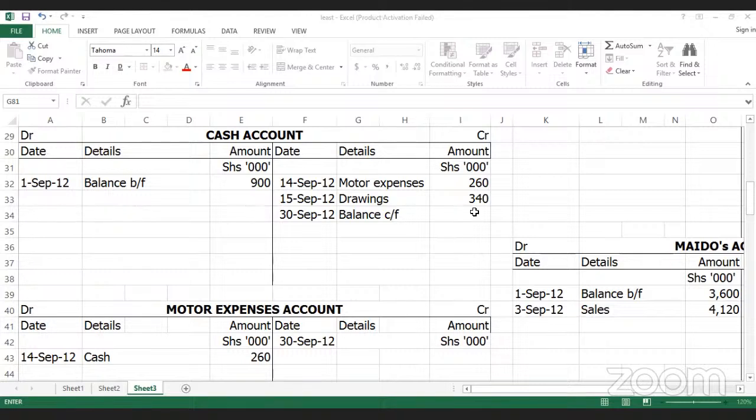That is 300. Thank you. So we have to insert a balancing figure. We call that the balance carried forward, and that is 300.